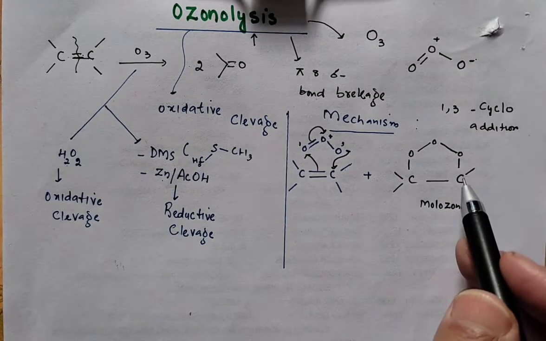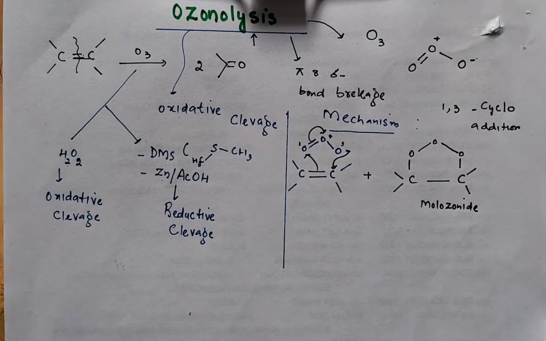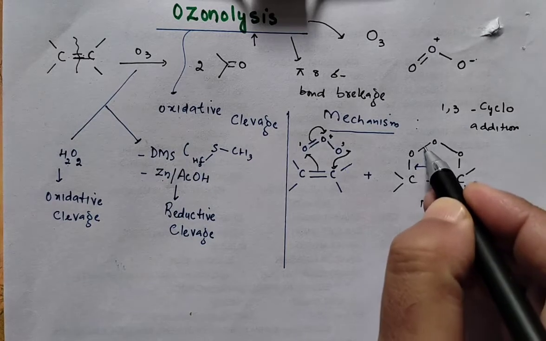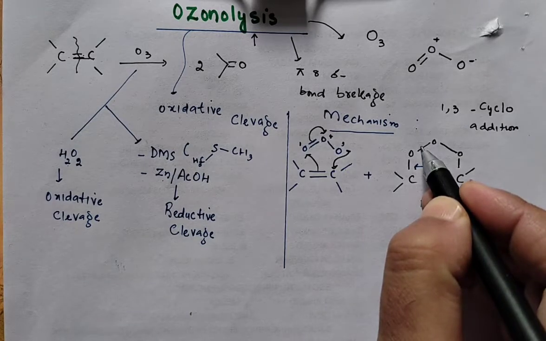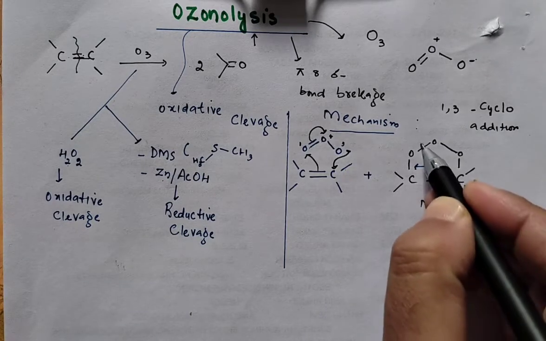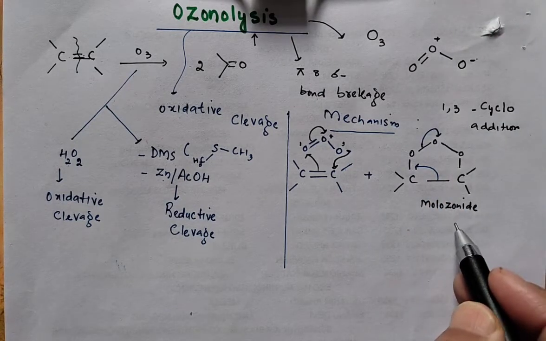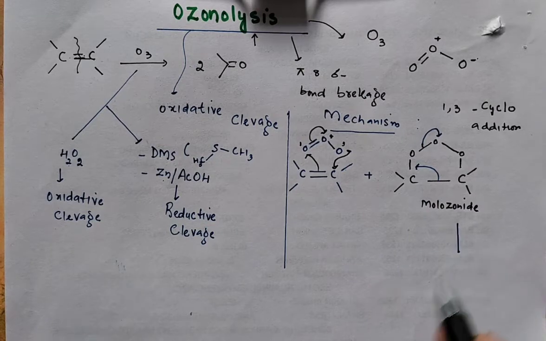So then what will happen to this molozonoid is, you can take this bond here and you can convert this into this. So what is formed is, now we have 2 fragments here.